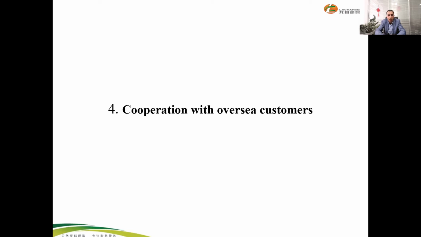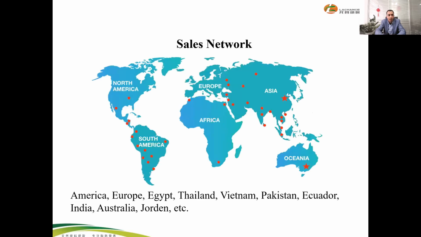And here is cooperation with overseas customers. The network of La Chance extends across the globe, from Latin America to North America, Australia, Asia and Africa. There are also many distributors of the company across the world, in Egypt, Thailand, Vietnam and Turkey.